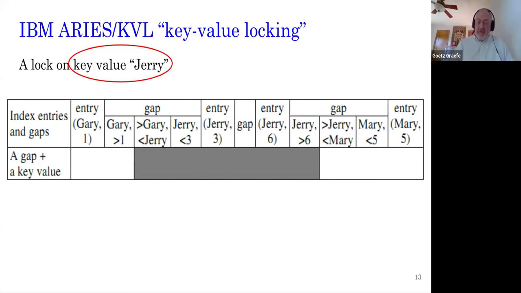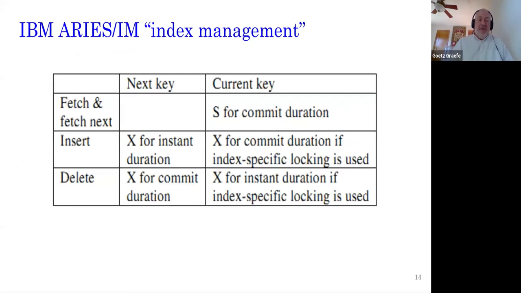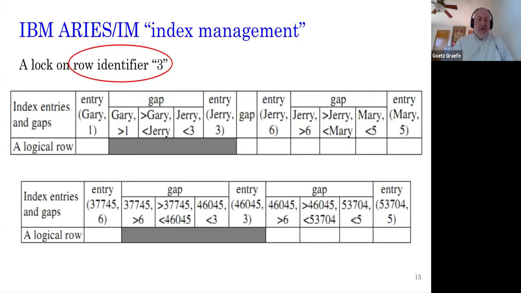The other IBM system that's also used, and I think some systems in IBM call them type 1 and type 2 indexes. This table is a heck of a lot less complicated, so we like that. And the object we are locking is actually a logical row. So we might lock something like a row identifier like 3, which means we lock the index entry for row 3, and we lock the entire gap to the left down to the next index entry.